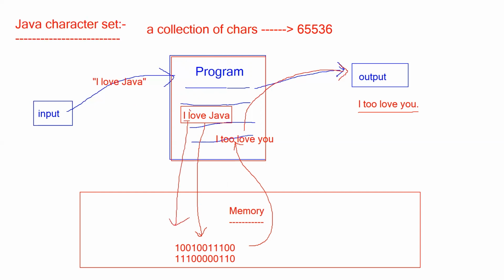Next letter L, next letter O, V, E, then the space, then J, A, V, A. All these letters will be converted into binary forms, and then it will generate the output, which will be displayed on the output screen or the console. This is called data conversion, or data encoding. It has to convert the English character to binary digits.